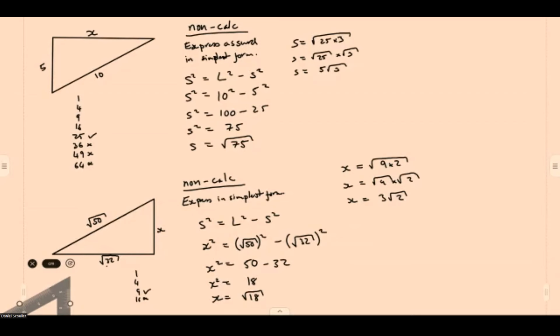Well, I looked at root 50 and saw it's already a square term, and the same thing goes for the 32. So I just went, what's 50 minus 32? I actually jumped in at the line where it says x squared equals 18. I would say show at least one more line of working.